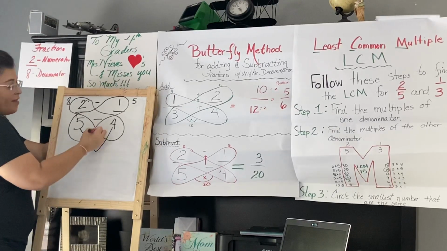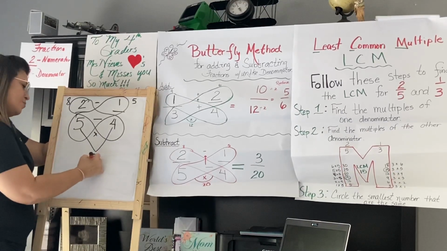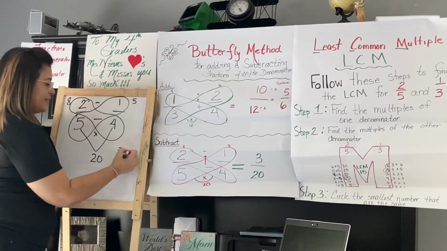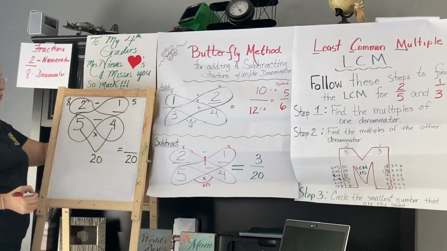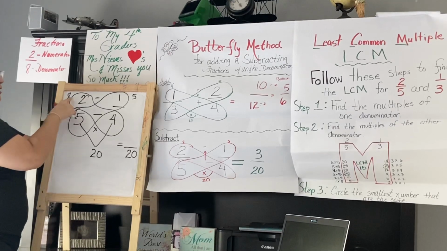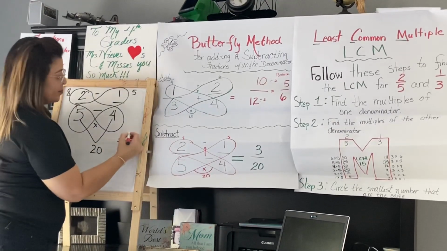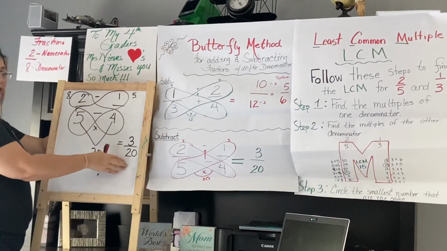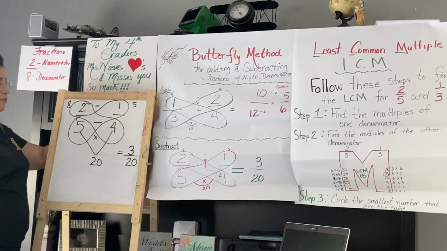And 5 times 4 equals 20, which is going to be our denominator. Excellent. Then our next step is to subtract 8 minus 5, which equals 3. Can we simplify this fraction, or is it already reduced? It's already reduced. Good job.